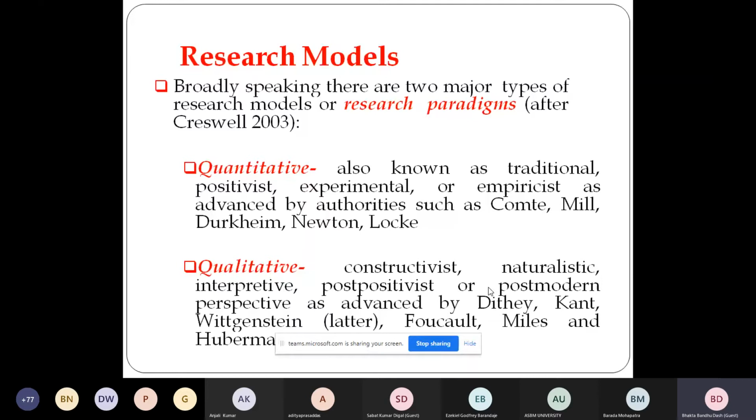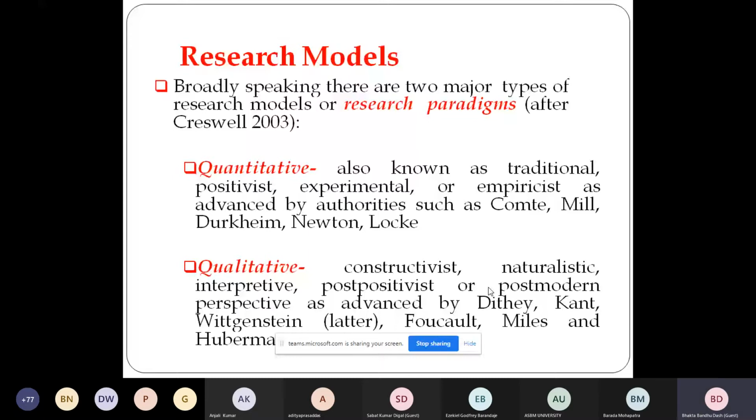They focus on the quantitative paradigms of research. The other model, which is more philosophical, is the qualitative one, which is constructive, naturalist, interpretive, post-positivist and postmodern, as advanced by Goethe, Kant, Wittgenstein, Husserl and others.